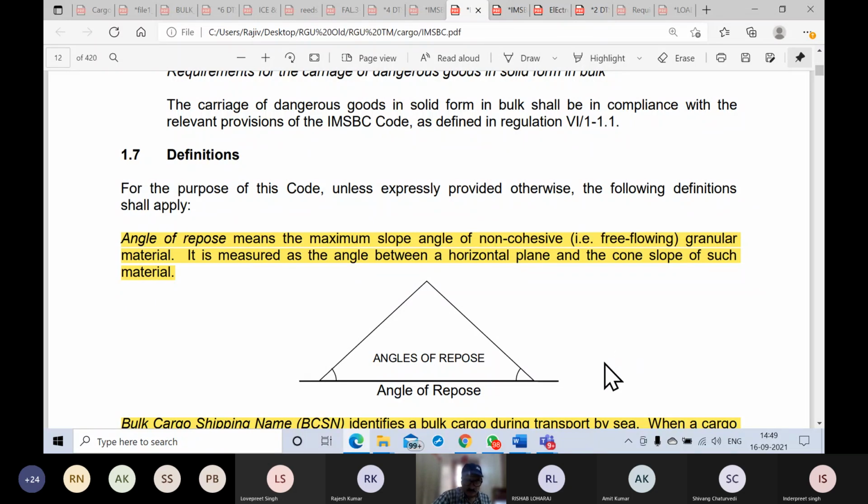If you are asked what is angle of repose, reference IMSBC, then you need to quote this definition. It is not a question of your own words. Some definitions have to go verbatim as they are.